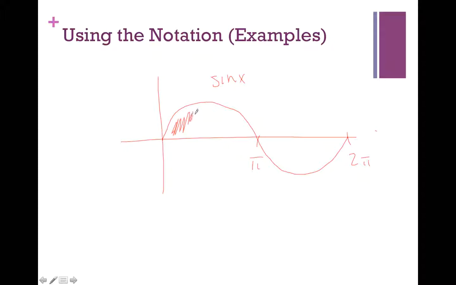The area under one curve is equal to 2. Make a note of that because it's very helpful. We don't know how to integrate sine of x yet, but we can use what we know about graphs and the area under one curve equaling 2.